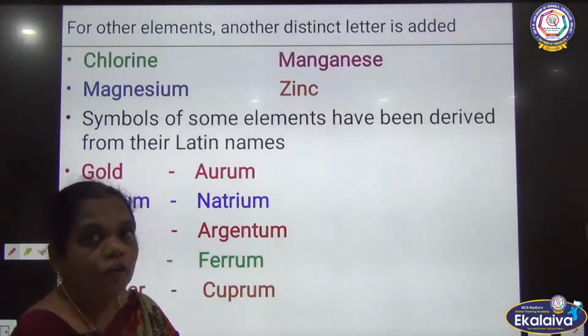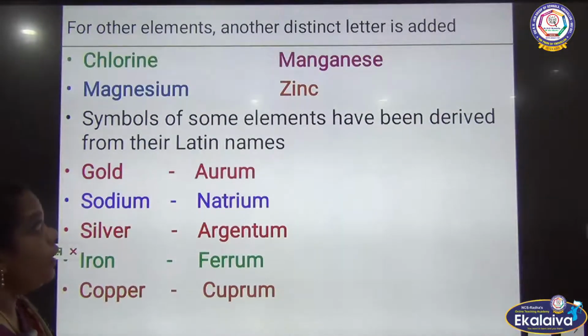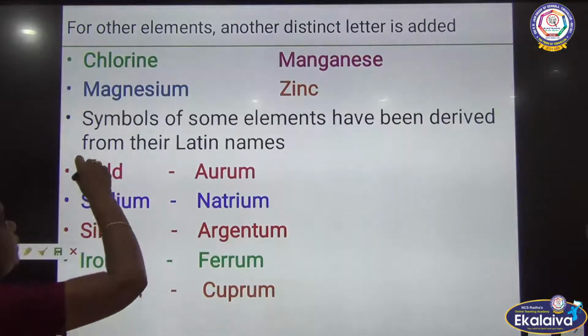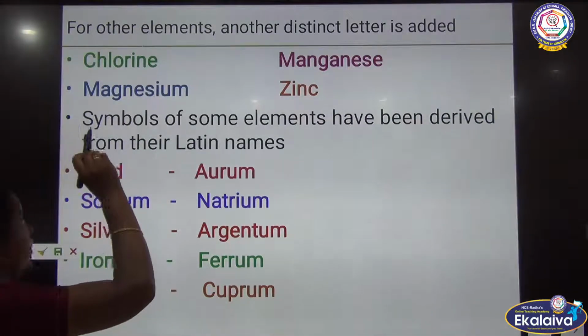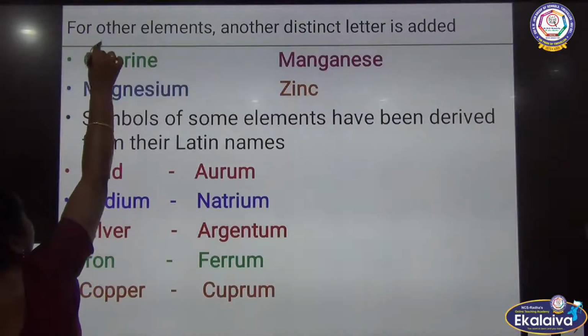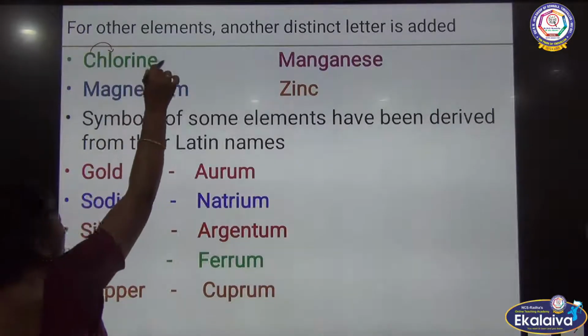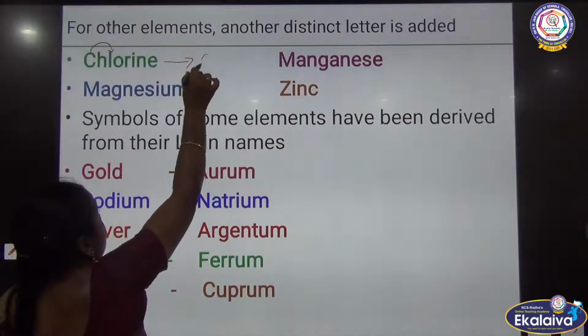So the next rule for the abbreviation of an element is that here we are going to take a distinct letter. The third letter. Now we are going to take the first letter and the third letter. So what is the first and third letter? Cl.